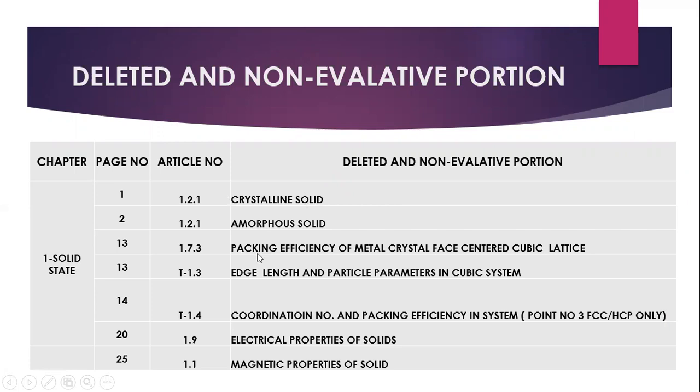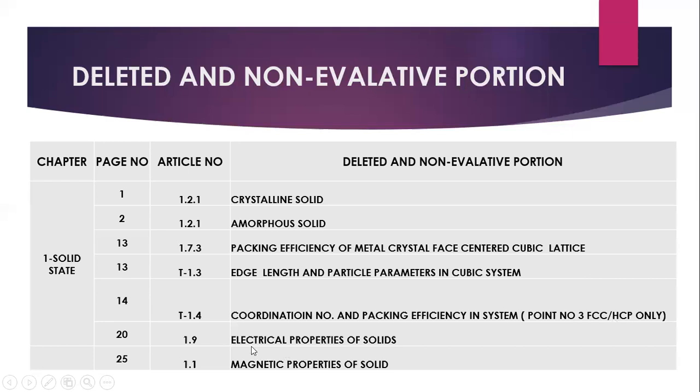Next, packing efficiency of metal crystal, face centered cubic lattice, is a derivation which has been deleted. Next, table number 1.3, edge length and particle parameter in cubic system. Next, table number 1.4, coordination number and packing efficiency system. In that, point number 3 has been deleted.